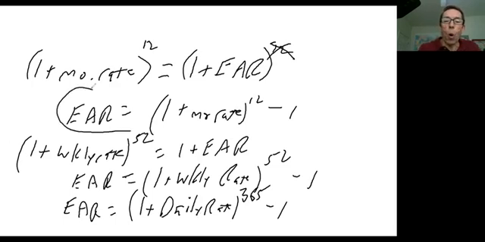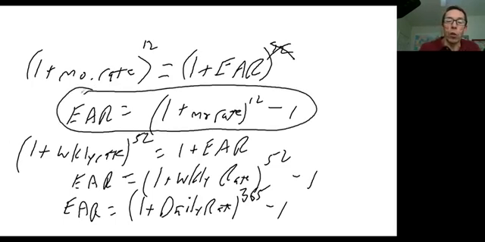Well, let's go back to our example with the credit card, where we had 1.5% per month. We're going to say 1 plus 1.5%, 1.015 raised to the 12th power minus 1.